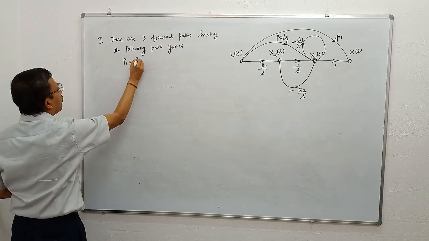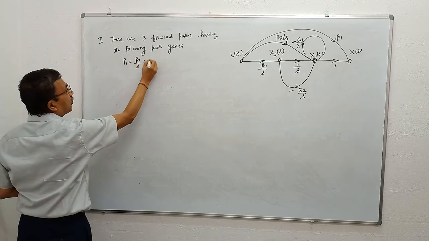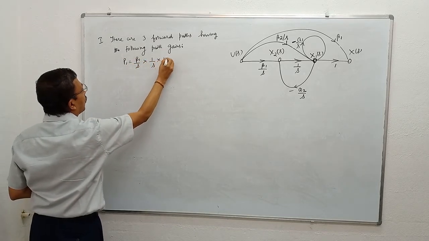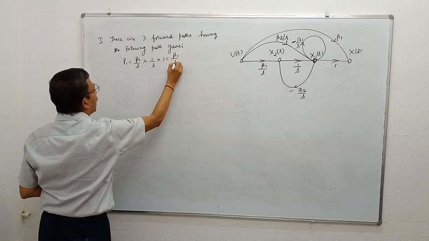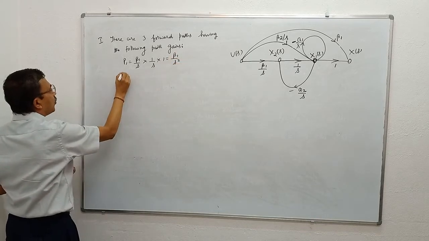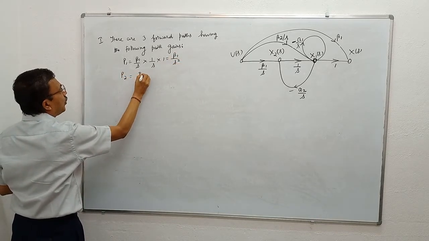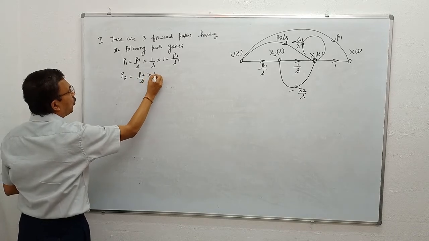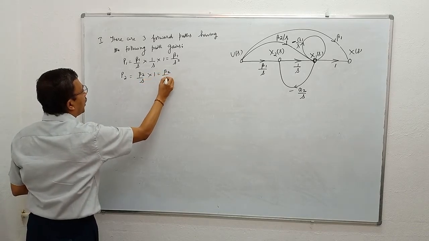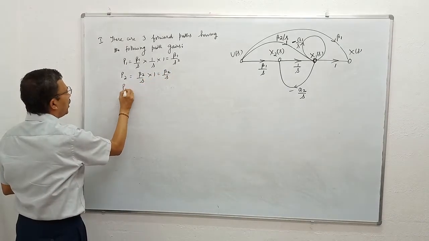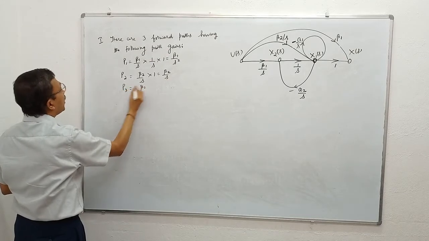P1 is equal to beta 1 by s into 1 by s into 1, which is equal to beta 1 by s square. What is P2? P2 is beta 2 by s into 1, which is equal to beta 2 by s. What is P3? P3 is equal to beta 1.